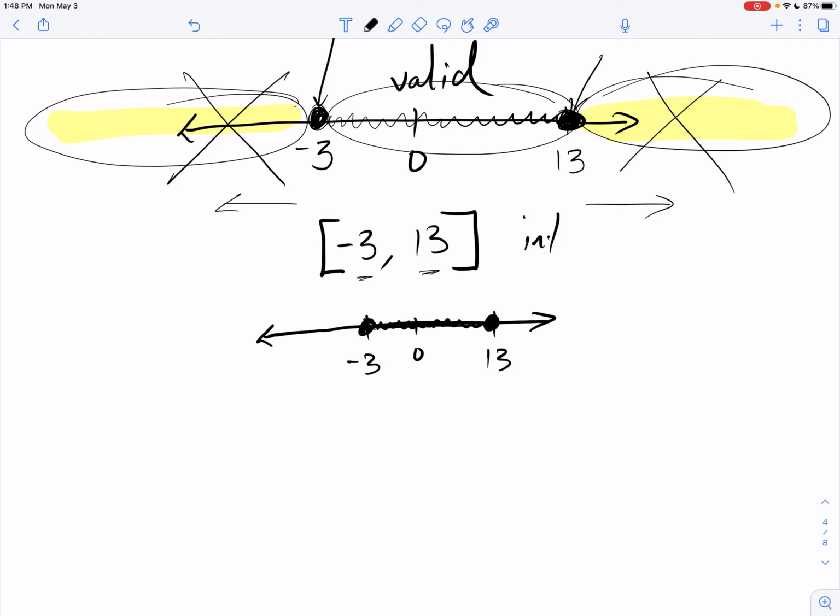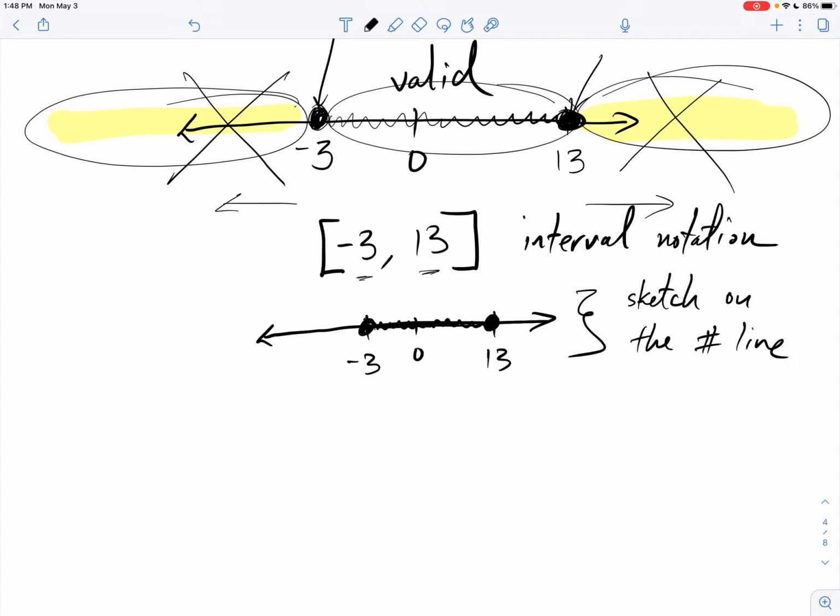This is using interval notation. And this method, this solution, is sketched on the number line. So this is what they're looking for on the packet.